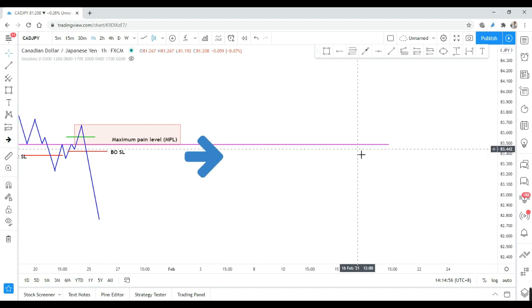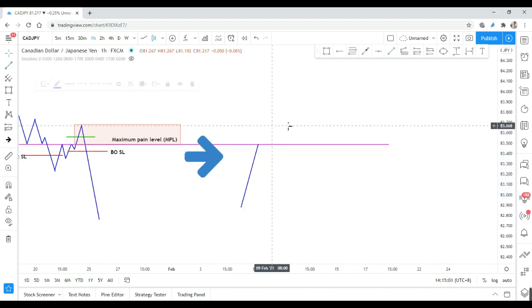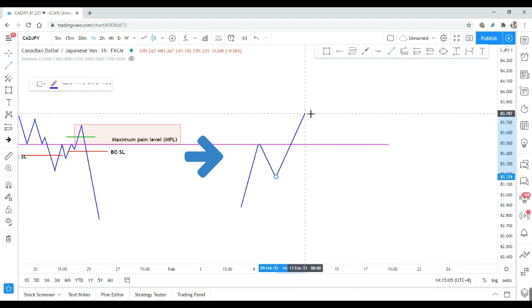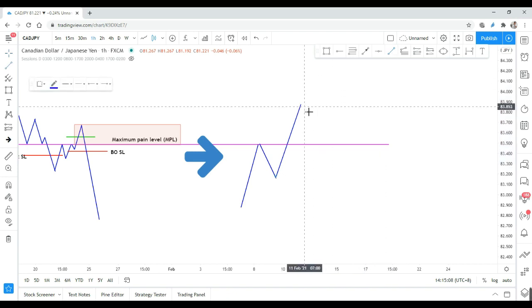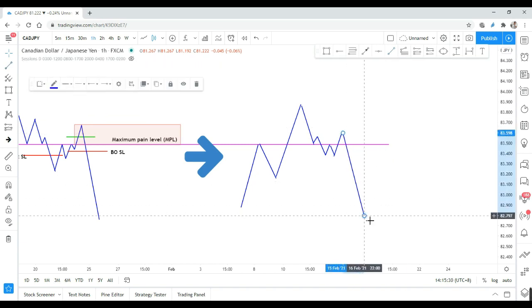It is like going up, going down, going up, came back down, make a small movement, go down again, down, up, and down.